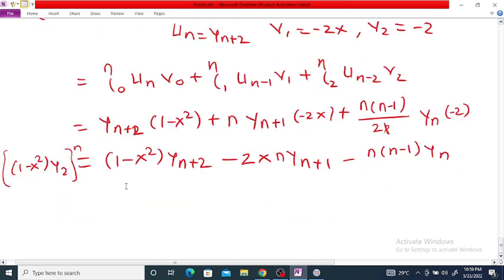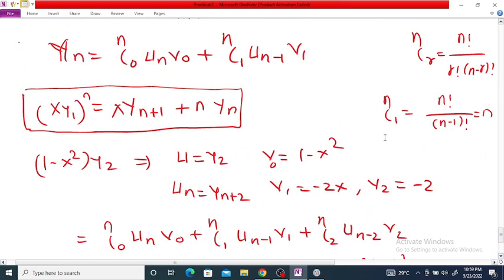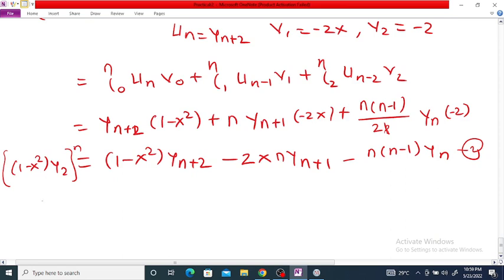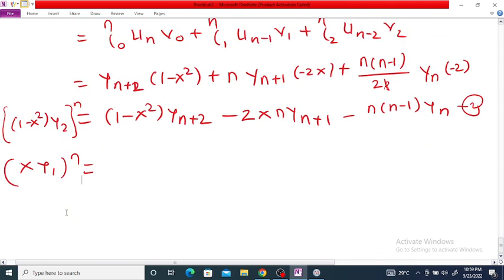Now say this is equation number 2. From 1 and 2, the nth derivative of xy1 is equal to xyn plus 1 plus nyn.